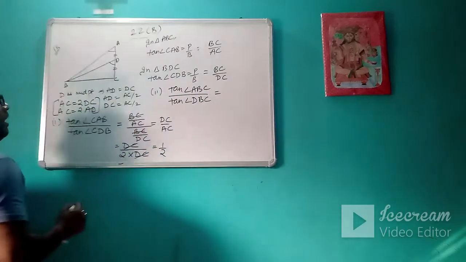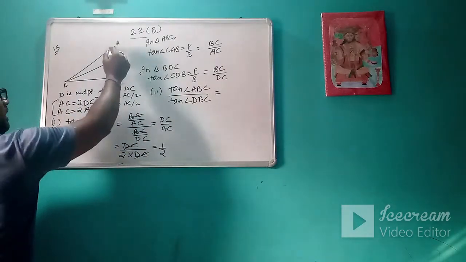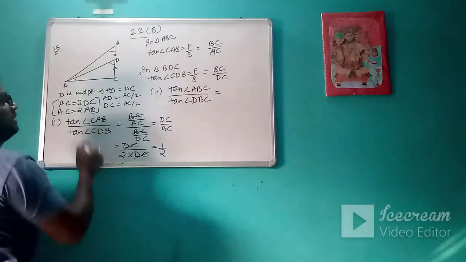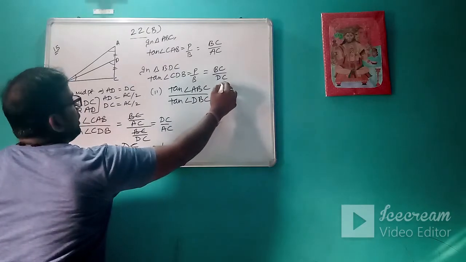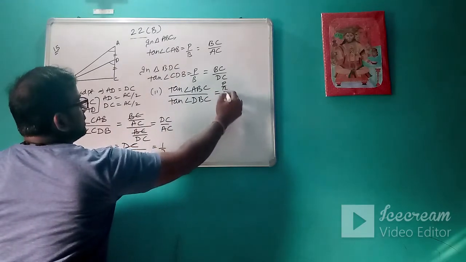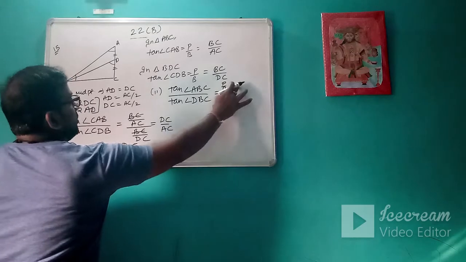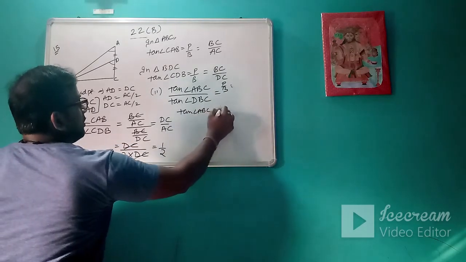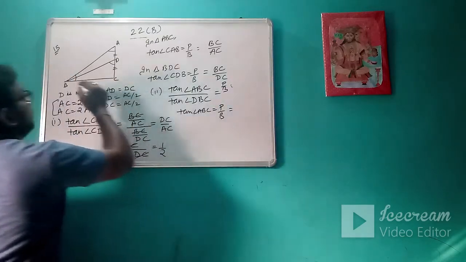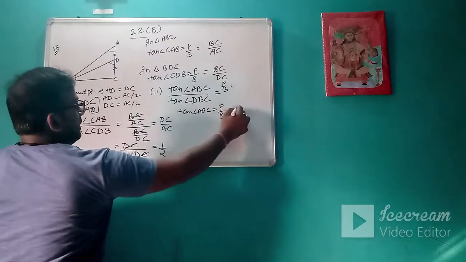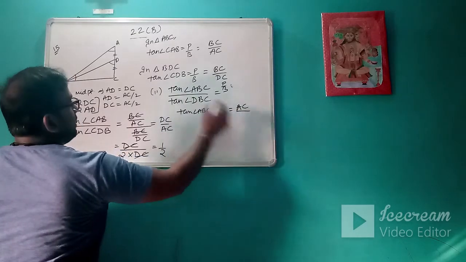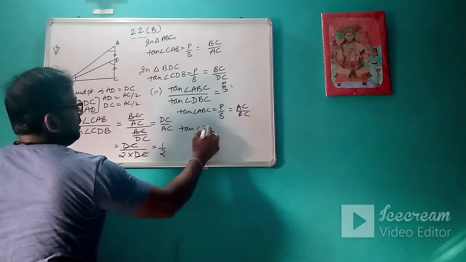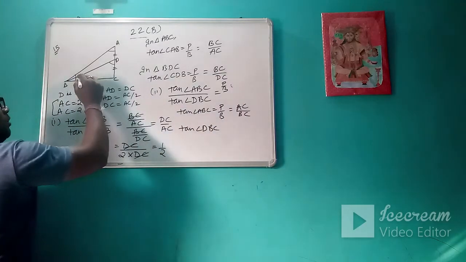Then the second thing which is asked is tan of angle ABC upon tan of angle DBC. So again, tan of angle ABC is perpendicular upon base, and for this angle ABC the perpendicular will be AC and the base will be BC. Similarly tan of angle DBC, this is the small angle.